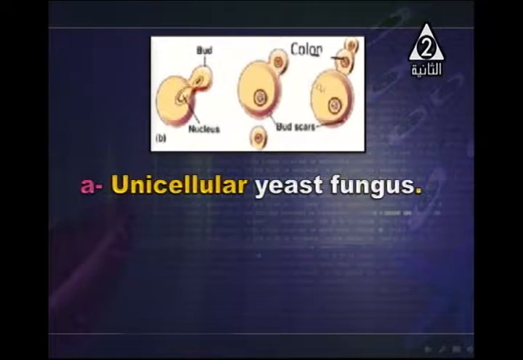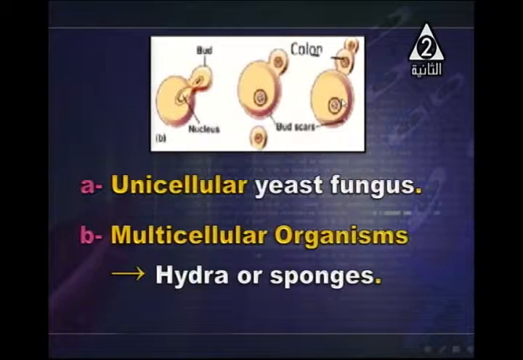Then the bud will separate to form another new individual identical to the parent cell, or may form a colony and settle on the body of the cell. Also, budding takes place in some multicellular organisms such as hydra or sponges. They are marine organisms that live in water.